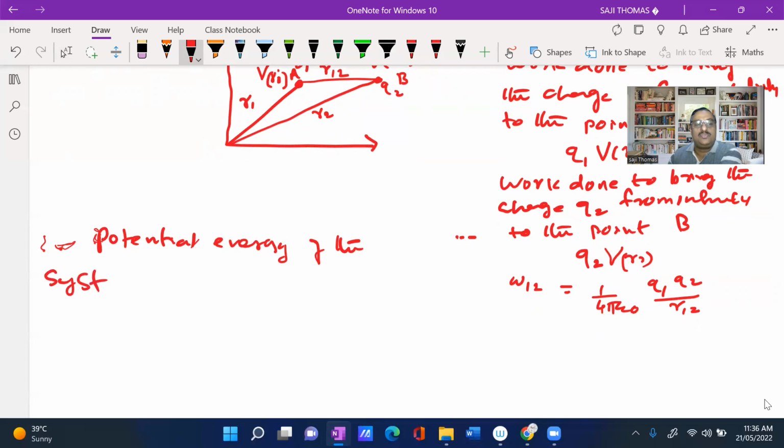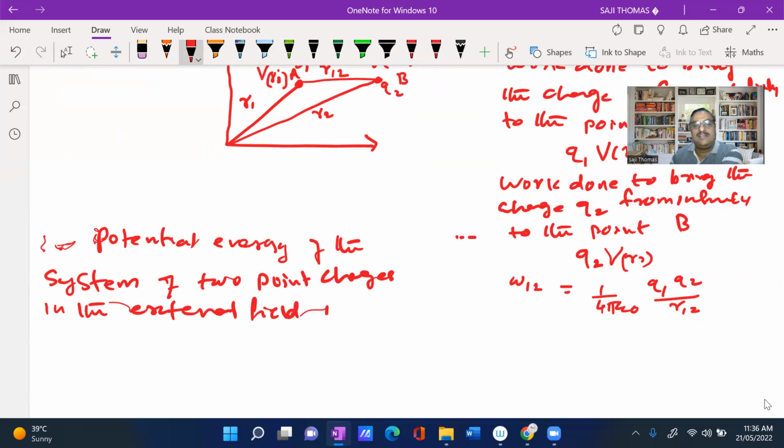System of 2-point charges in the external field. You have to add the three terms.